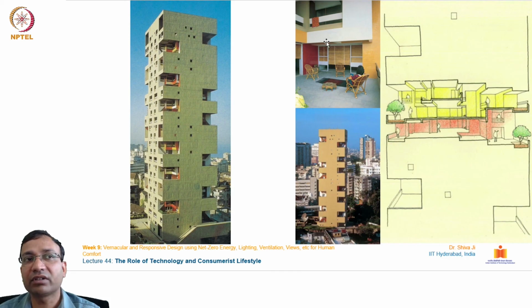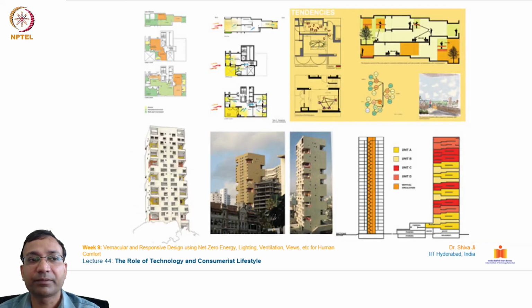And that is how he has interconnected the balconies of two to three different housing units at one common space, which is double height over here. So one of the very unique approaches in his design. So this is some more detail of the same structure.